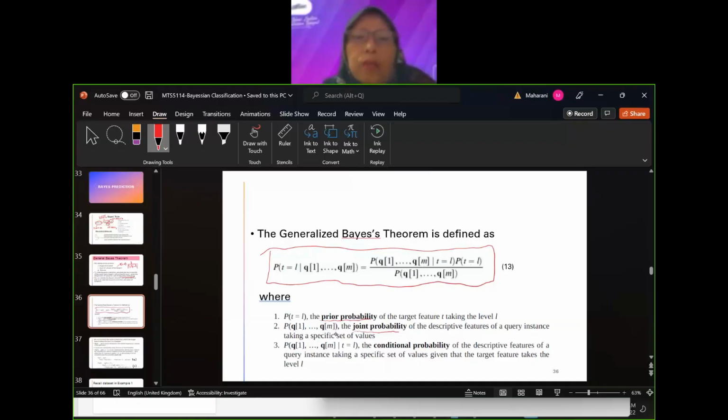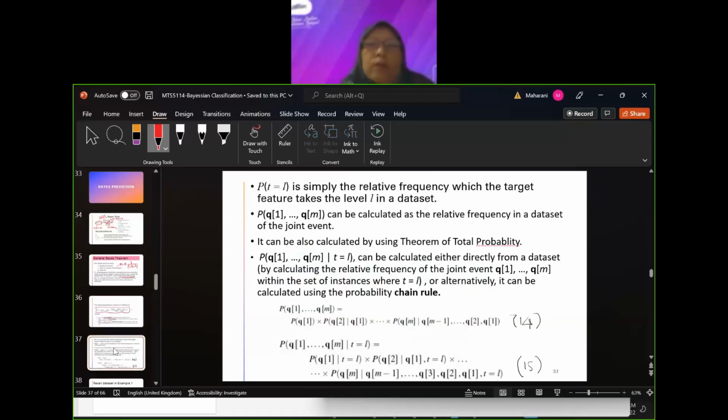And then this one is called the conditional probability, or the likelihood probability, so they're the same. And then this one is called the posterior probability. So we have the extended form of the Bayes theorem.